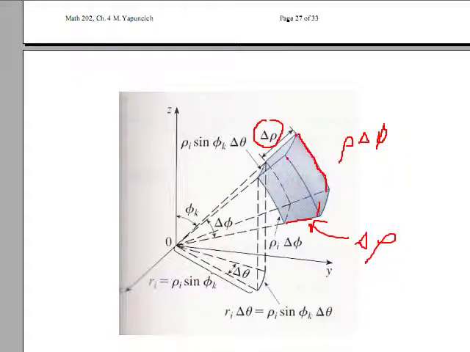If you just looked at this front face of it, that's the same as polar coordinates, except instead of theta you have phi. So now you have two terms that are going to be multiplied together to give you that volume element. Remember previously you had dx, dy, dz in Cartesian because the volume is a little box. And here you have this wedge-shaped volume.